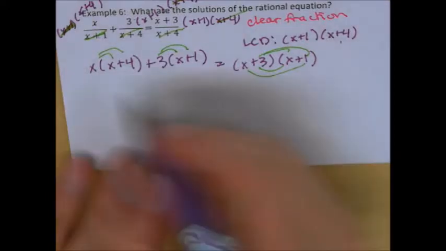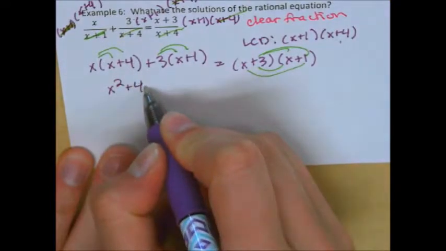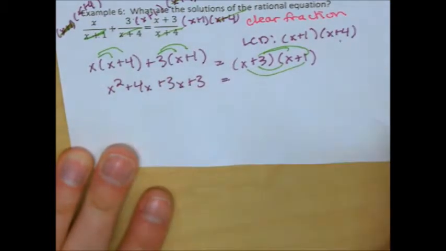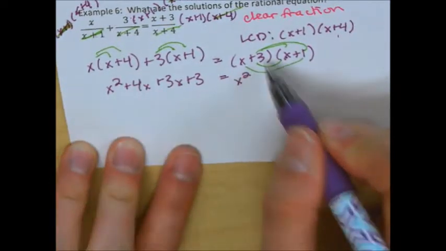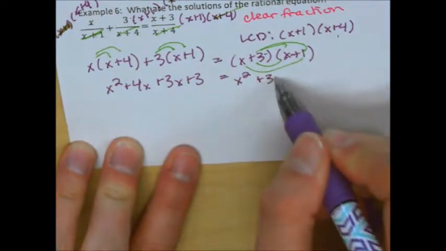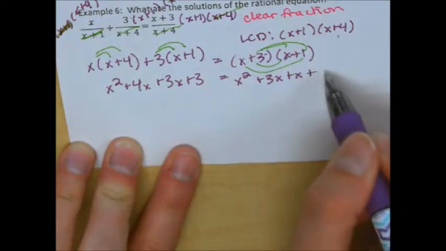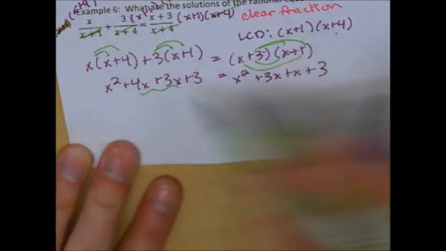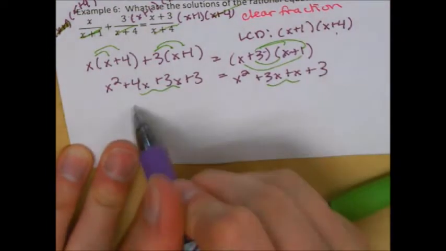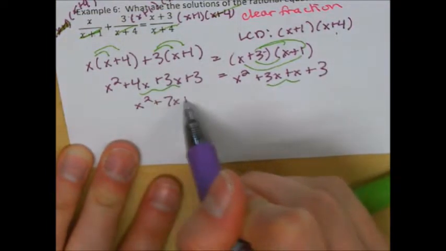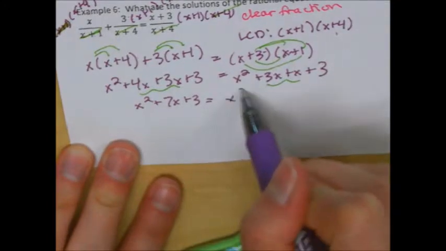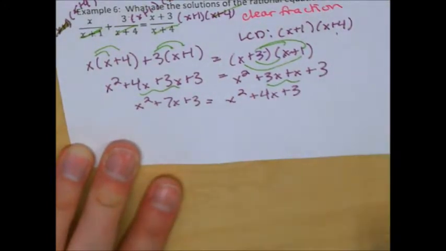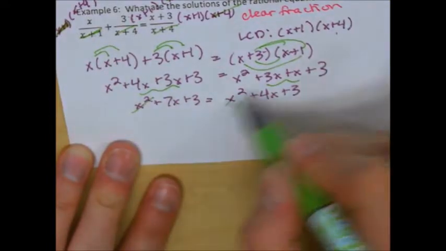On the left, we should get x squared plus 4x plus 3x plus 3 equals x squared plus 3x plus x plus 3. Now we can combine our like terms. I notice I have an x squared on both sides, so I can cross that out.